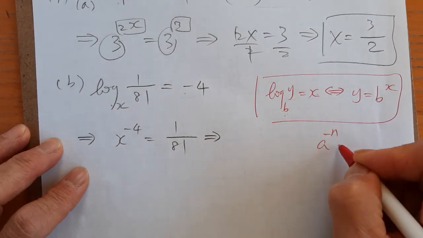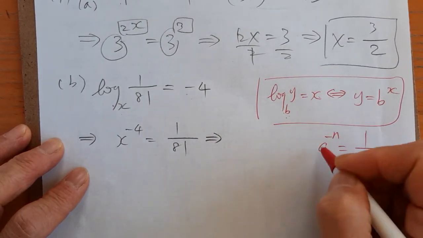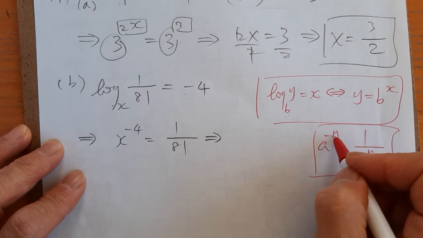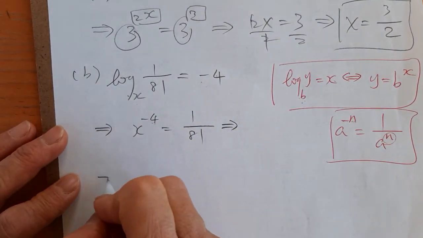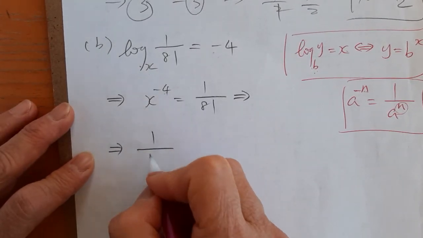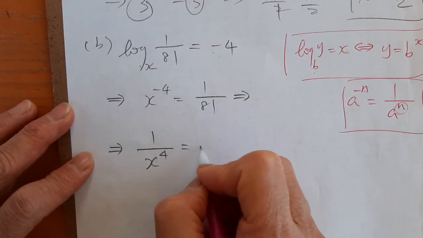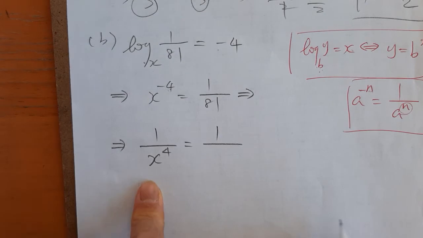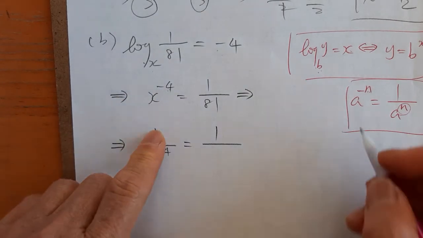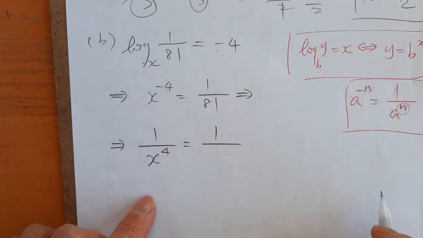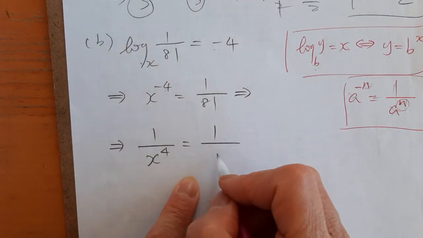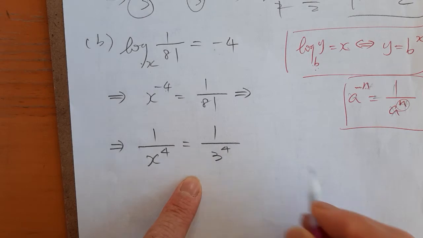A to the power -n: bring it down to the denominator, the negative exponent changes to positive. So x to the power -4 equals 1 over x to the power positive 4. 81 is 3 to the power 4.